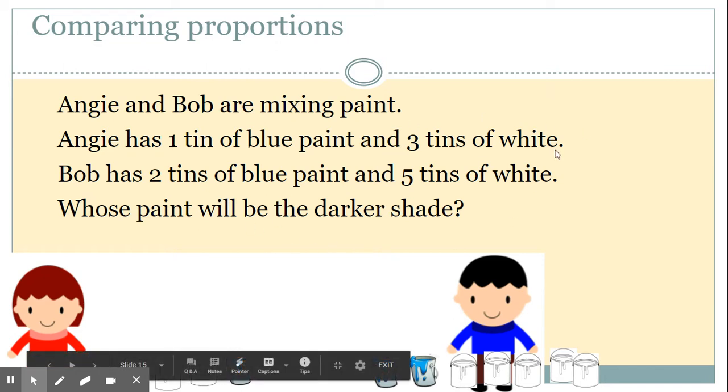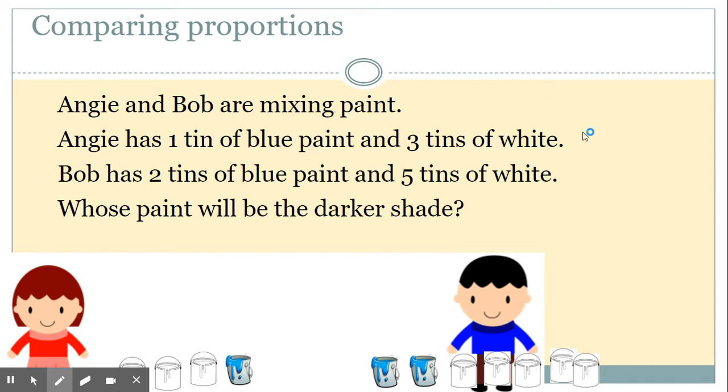So let's simply change it into fractions first and then compare fractions like we have been doing earlier. So 1 tin of blue paint and 3 tins of white. In total, how many tins are there? 1 plus 3 is equal to 4. So proportion of blue for Angie is 1 over 4.